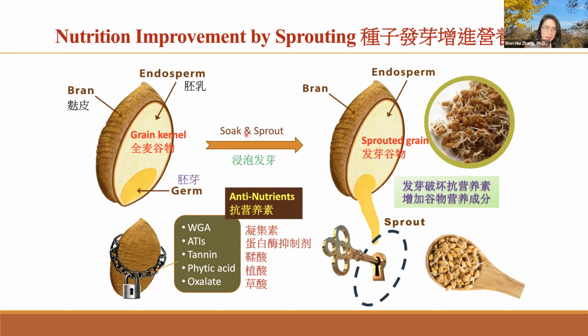So when we soak it and let the green sprouts, then it becomes a sprouted grain. During sprouting, enzymes are activated to break down anti-nutrients so that nutrients locked in the germ are released. So sprouting improves nutrition of grains and seeds.